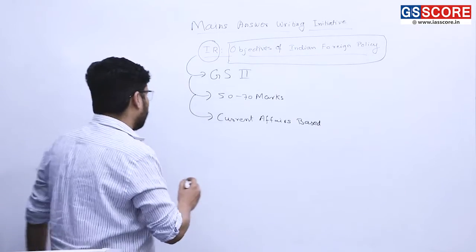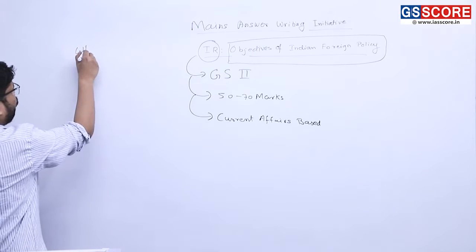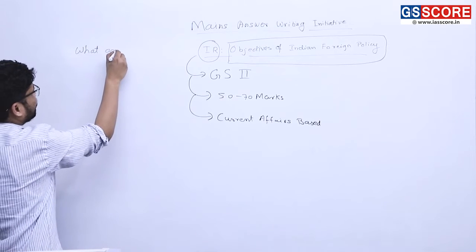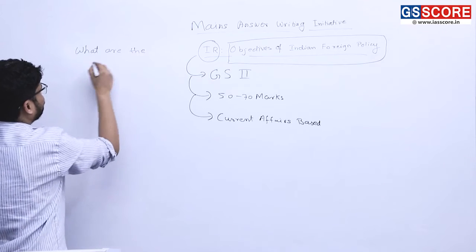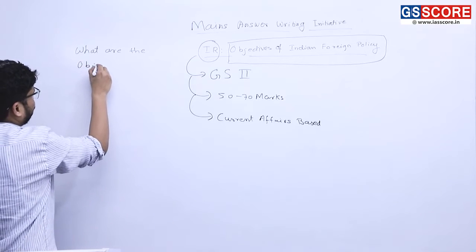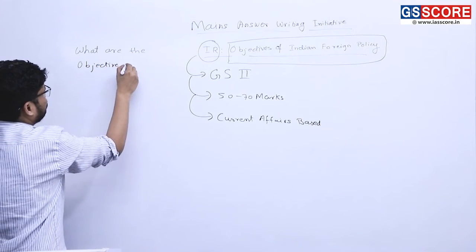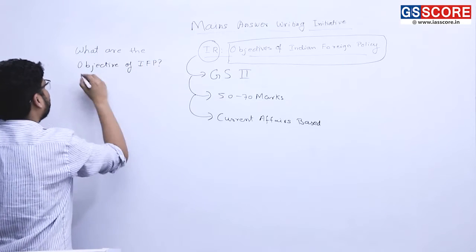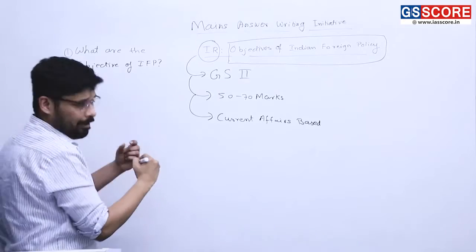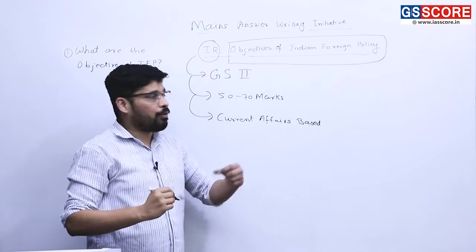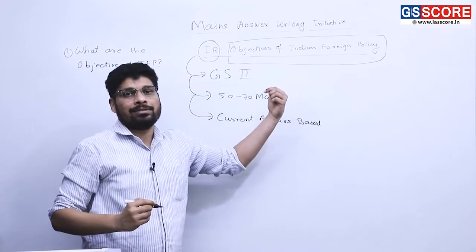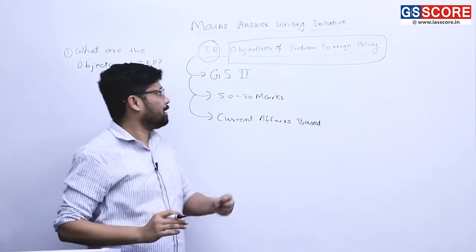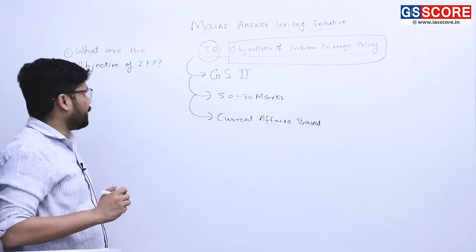First and foremost, you have to know what the objectives of Indian foreign policy are. That is the first and most basic information that you should have for writing answers on the objectives of Indian foreign policy.